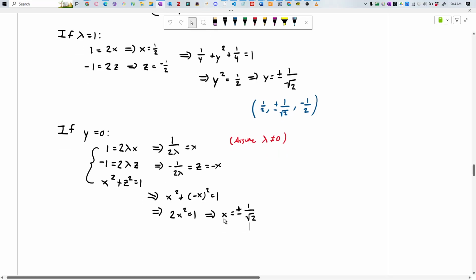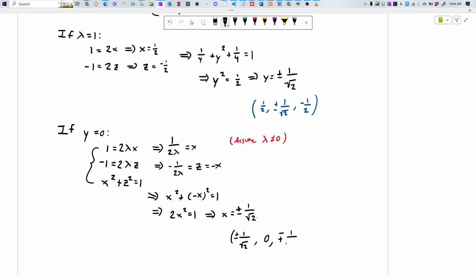Notice that when x takes the positive value, z will take the negative value. It'll be the negative of x. So the way we could write this is plus or minus 1 over root 2, 0 for the y-coordinate, and then minus plus 1 over root 2 to signify that there are 2 points here.